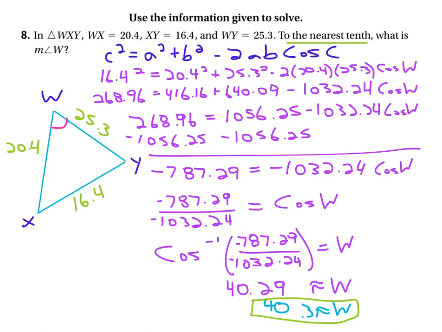Okay, and you're going to get a negative number there, and then when you divide by another negative number, it's going to be positive. Then you find out what this ratio is equal to, the cosine of W, and you take the inverse of that ratio to find the angle. Seems like a lot, but don't worry, we'll do more.